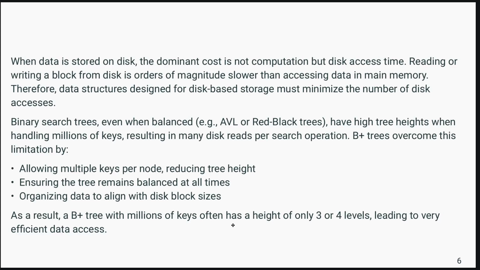Now the motivation is, as I said, that when you have to access data from the disk, the complexity is not determined simply by big O, because disk access is much slower than what the CPU does. Reading or writing from disk is orders of magnitude slower than accessing data in main memory. That is also true for disks like NVMe disks.